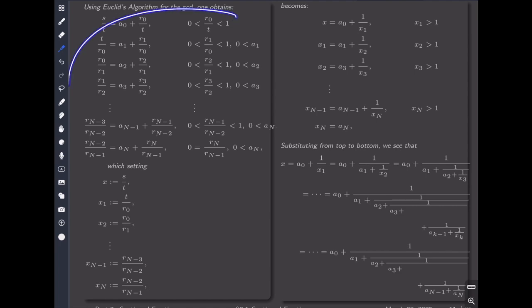But written this way, one realizes that a_0 has to be the integral part of this one. We noticed that anyway. But then we also notice that a_1 is also the integral part of this one minus this one. And then a_2 has to be the integral part of this one minus this one, etc. So that's how you can start.